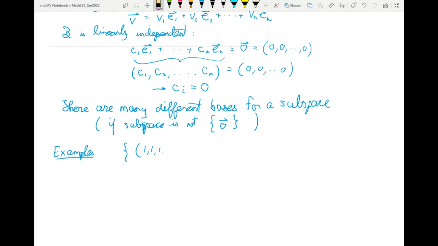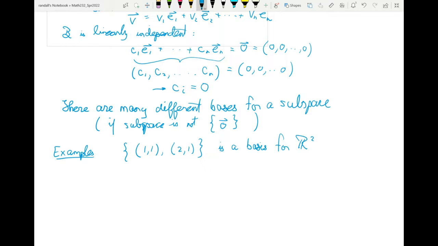So for example, let me just do an R2 here first. So (1, 1) and so on. This is not the standard basis, but it is a basis for R2. So you have to prove two things: that this set of two vectors spans R2, so any vector can be written as a linear combination of these two, and you've seen examples like that in previous lectures, how to compute the components of this.